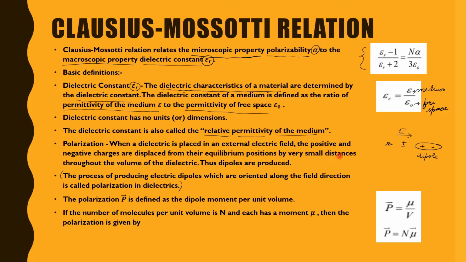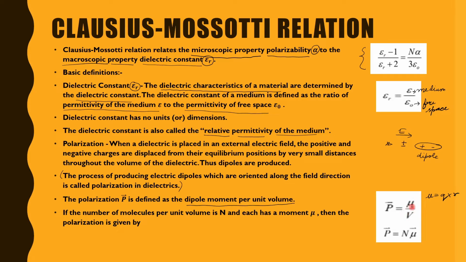Thus dipoles are produced. Polarization is defined as dipole moment per unit volume. So we define polarization as P equal to mu by V, where mu is the charge times the distance between the two charges.